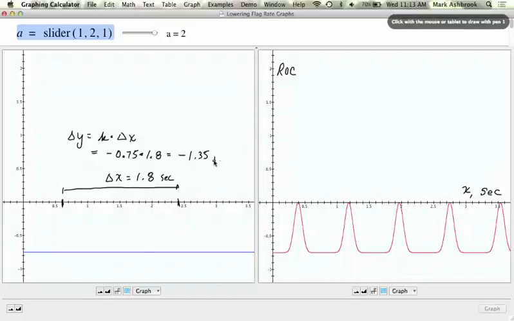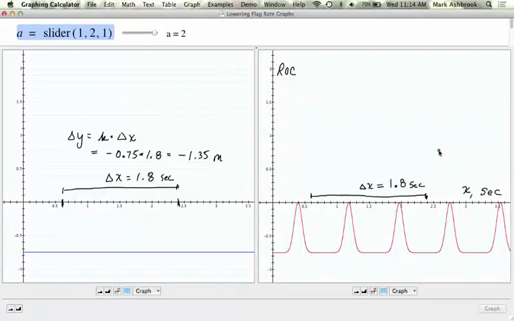So now, the more realistic situation, we're going to look at the same change in time from 0.6 to 2.4. Does the flag also go down 1.35 meters?